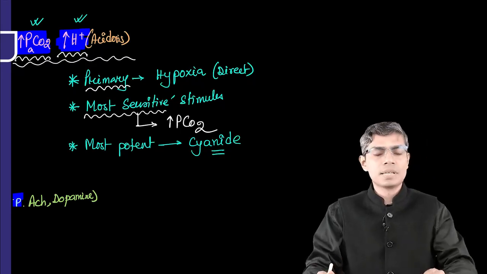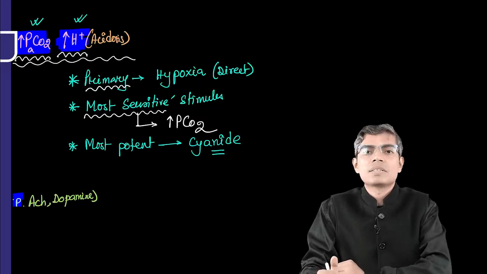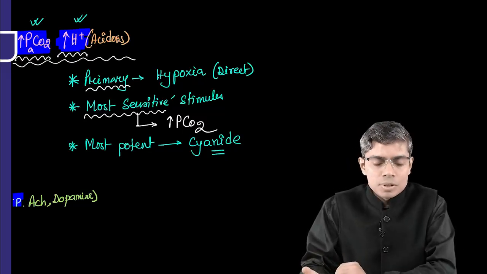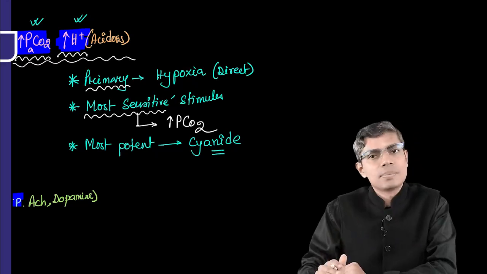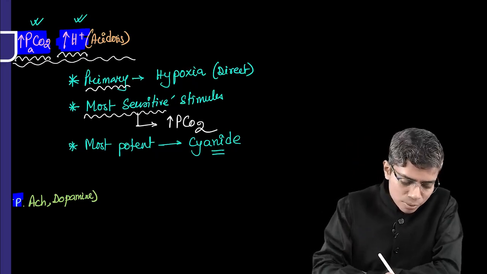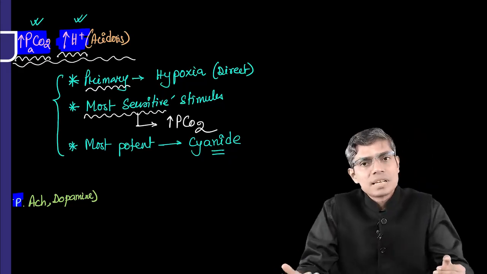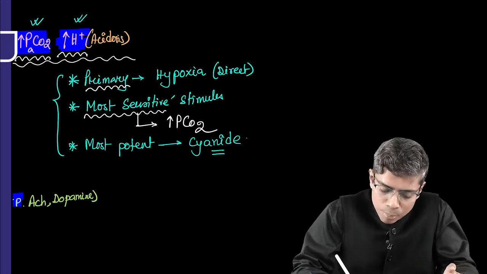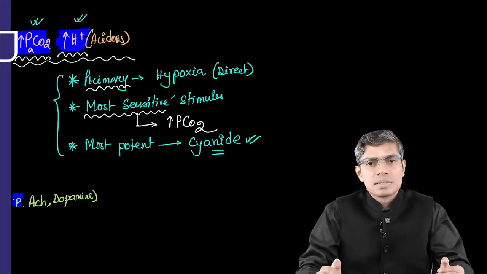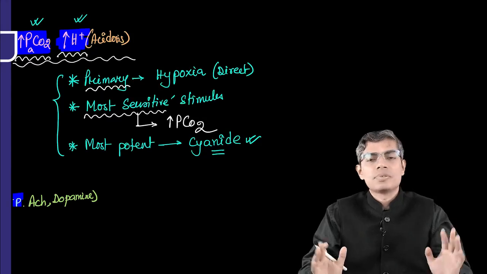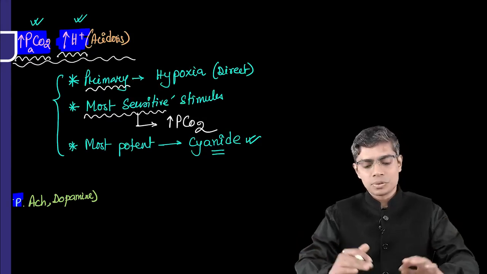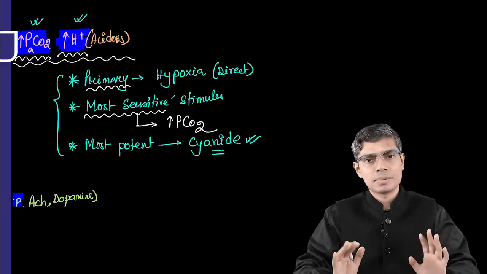Why cyanide poisoning? Cyanide poisoning causes one type of hypoxia, which will be discussed in the chapter on hypoxia later on. So the cyanide, by causing severe histotoxic hypoxia, is the most potent stimulus for peripheral chemoreceptor. Got it? Okay. So this is all about your peripheral chemoreceptor.